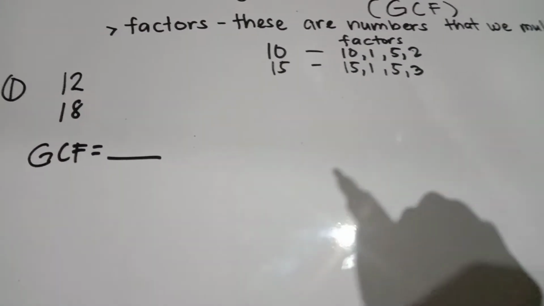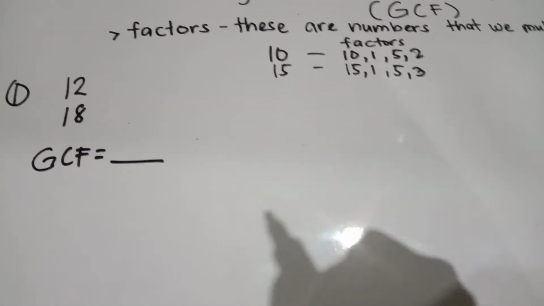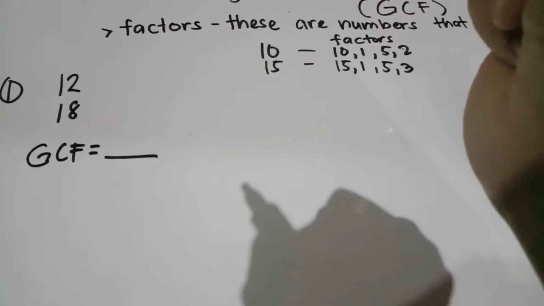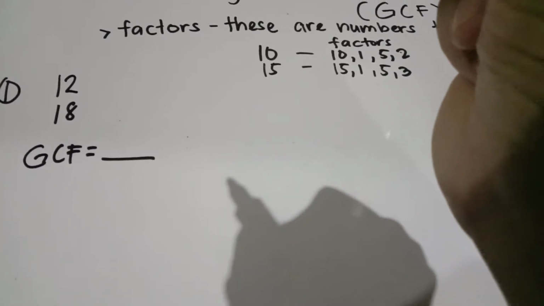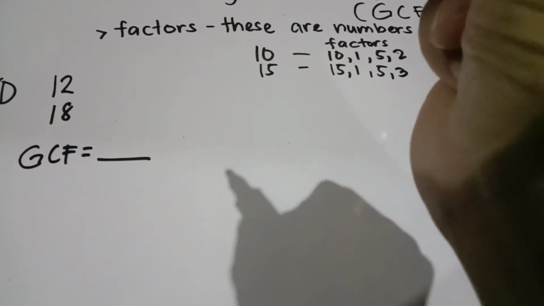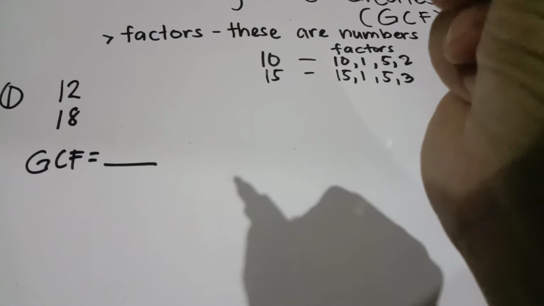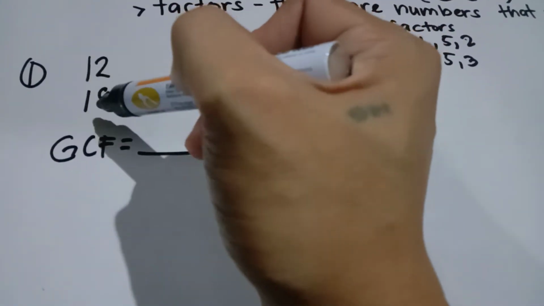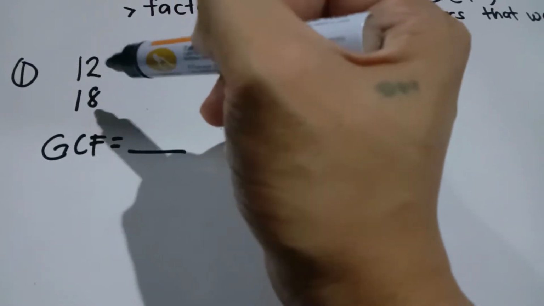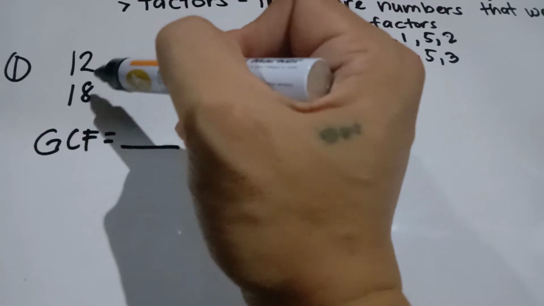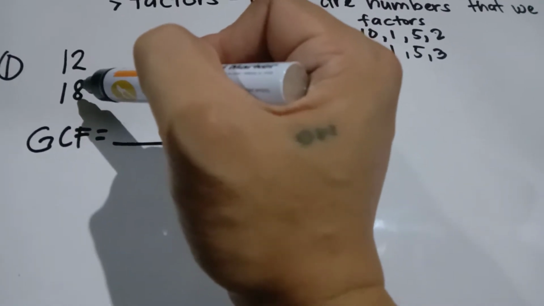Okay, the first thing to do, the first step, is you are going to list down the factors. List down all the factors of the given numbers. The given numbers here are 12 and 18. So unang gagawin natin, ililista natin lahat ng factors ng 12 and lahat ng factors ng 18.